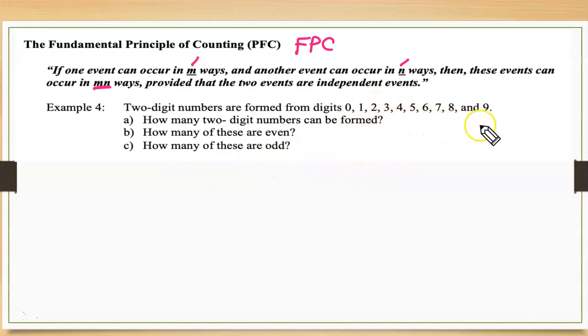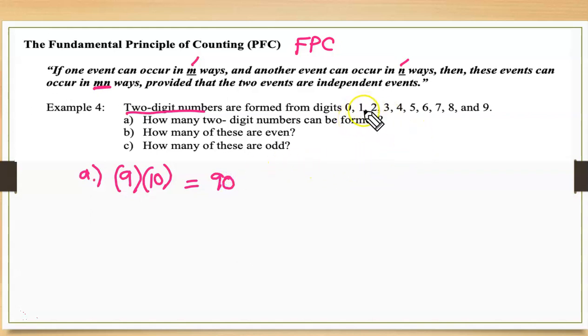Take note here that we have 10 digits to choose from. For letter A, of course, we cannot have 0 as our first digit. Therefore, the choices or the M is 9. And our N or the second digit is 10 because we can now have 0 as our second digit. We have MN or 9 times 10 is 90.